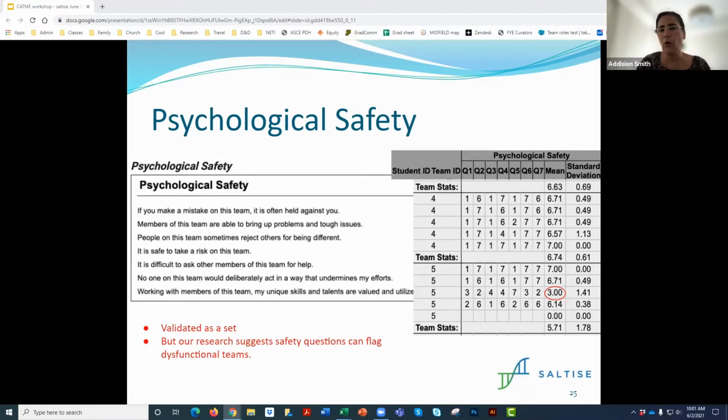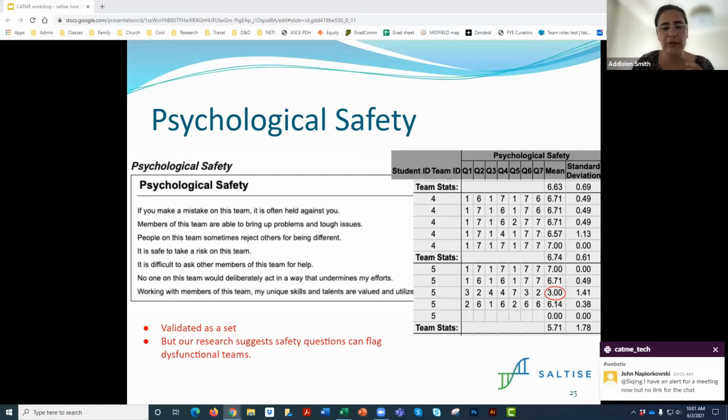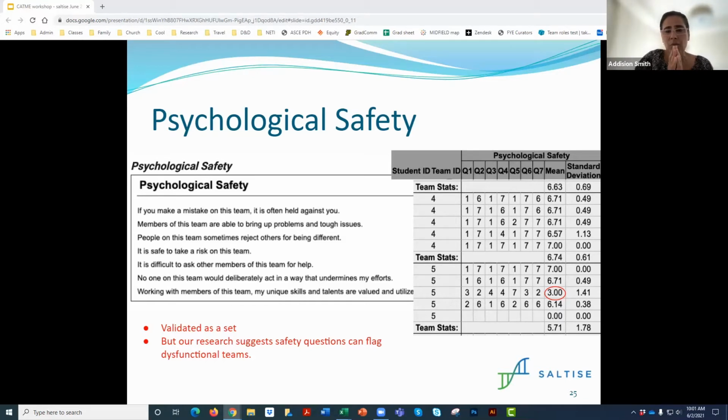CATME also has a whole bunch of additional surveys. In addition to the dimensions that Matt talked about, they have a whole bunch of other questions that you can administer. What I found incredibly helpful is something called the psychological safety questionnaire. For example, this student that is way below the average of the psychological safety reported for the class, this is definitely a student I need to talk to.